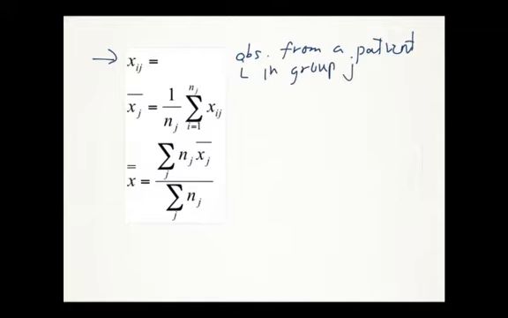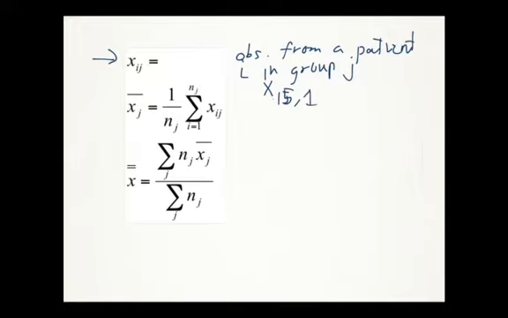Okay? So if I were to write, for example, x_1,15, that would be the observation from the first patient in group 15. That would be a lot of groups, right? So we probably wouldn't have something like that. Instead, we would have something like x_15,1.